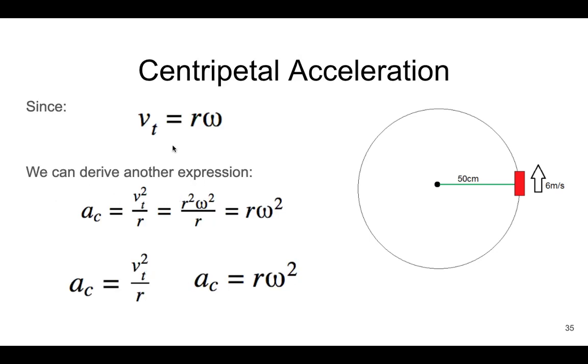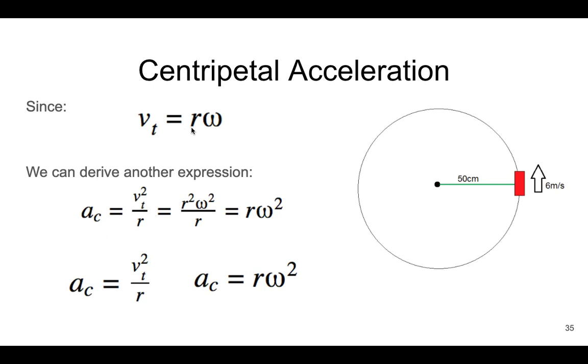So since v tangential is equal to r omega, as long as omega, your angular velocity, is in units of radians per second, we can use that to derive another expression. So this right here is our basic formula for centripetal acceleration.